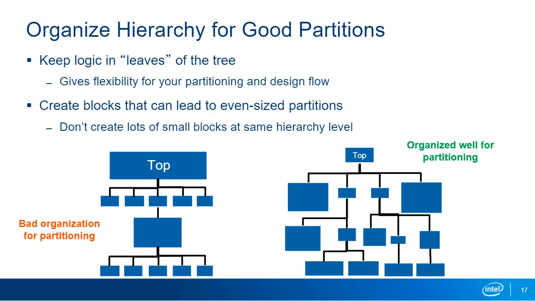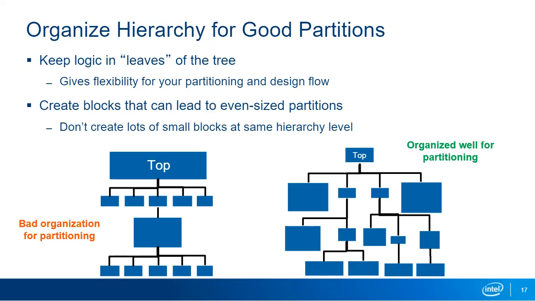On the left is an example of a hierarchy badly organized for partitioning. You can see a series of equally sized smaller blocks on the same hierarchy level, followed by a large block and then more small blocks on the same level. This design would be more difficult to break apart into partitions, as there aren't really any good candidates.